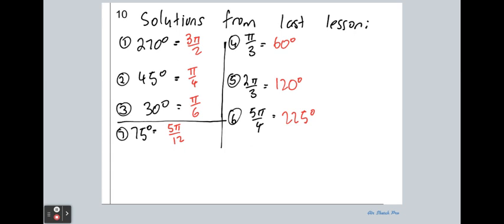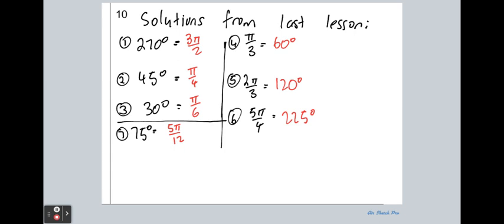So knowing that pi on 3 is 60 degrees, pi on 6 is 30 degrees, pi on 4 is 45 degrees, pi on 2 is 90, and therefore pi is 180, 3 pi on 2 is 270, and 2 pi is 360. I sincerely hope you will have them committed to memory by the end of this course, just through use, not through anything else.